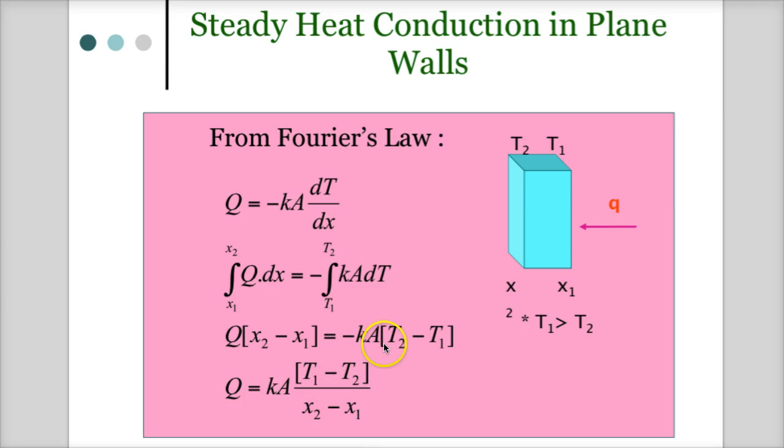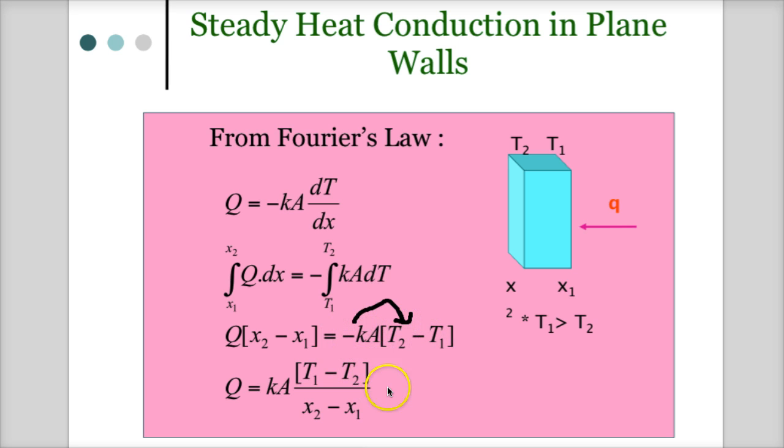So Q times (x2 minus x1) equals minus kA (T2 minus T1). Here it's integral of 1 dT, so the integration rule is similar to the first part. x goes down, and you get Q, the rate of heat transfer, equal to kA (T1 minus T2) divided by (x2 minus x1). Why T1 minus T2?